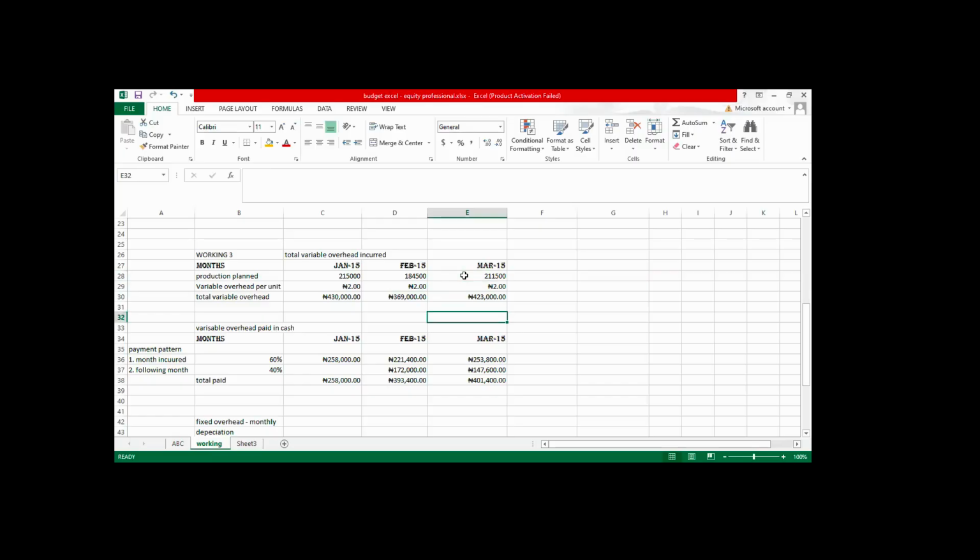You have gotten the variable overhead incurred. This is different from variable overhead paid in cash. You have gotten the variable overhead incurred, but you cannot take everything to your cash budget. What is the amount paid in cash?